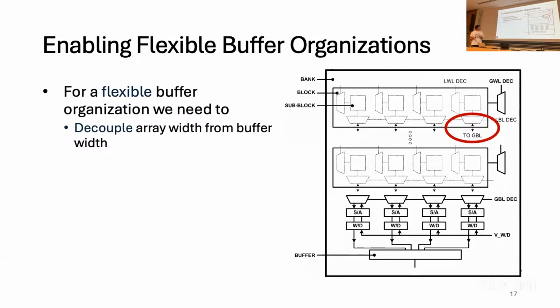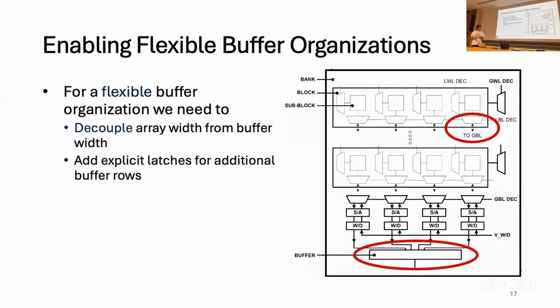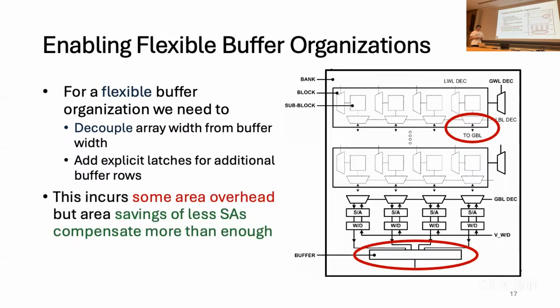And to enable this sharing, we need to add some circuitry or particularly decoders to select the right bit lines to connect to the sense amplifiers. And secondly, to enable multiple rows, we need to add explicit latches and also some additional decoders to select the correct row in the buffer. So this adds some area overhead, but the insight here is that by reducing the number of sense amplifiers, we really save a lot of area, so we can accommodate these small overheads.